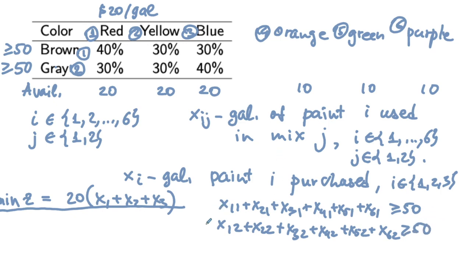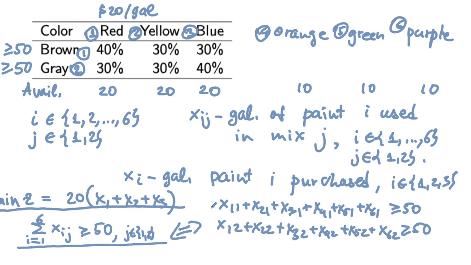We can write this more compactly by saying that the summation for i between 1 and 6 of x_ij is greater than or equal to 50 for j in 1, 2. So both of these constraints could be just written in a compact way by this expression right here. This here is just an equivalent representation of these two constraints. So these constraints take care of the demand.